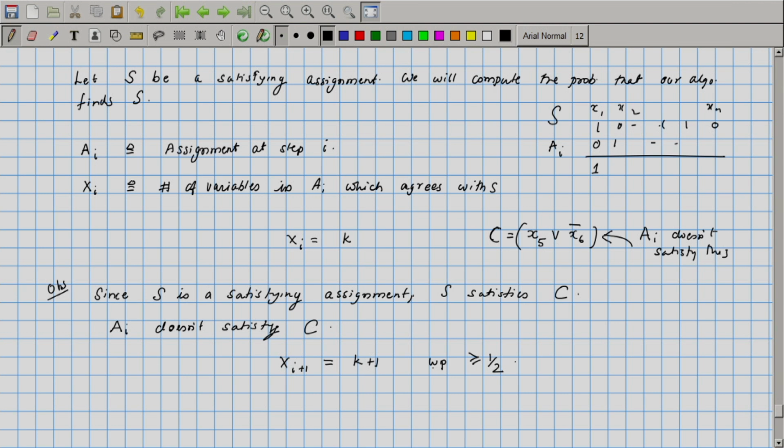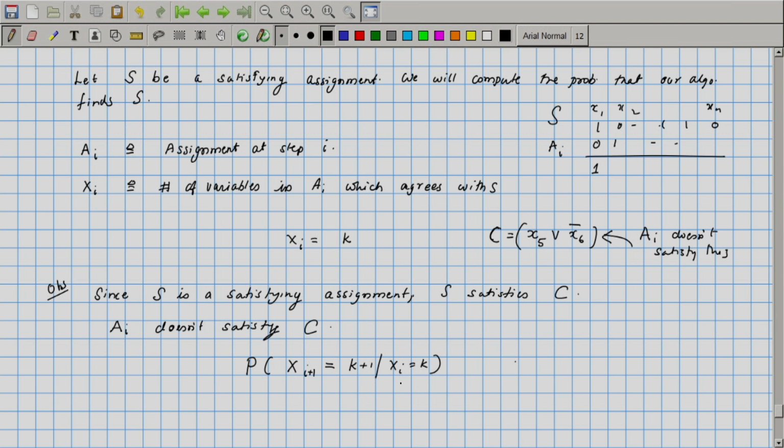If we randomly choose one of the variables in this clause and flip it, xi is going to increase to k plus 1 with probability half. So, now we can compute this probability that xi plus 1 equals k plus 1 given xi equals k.